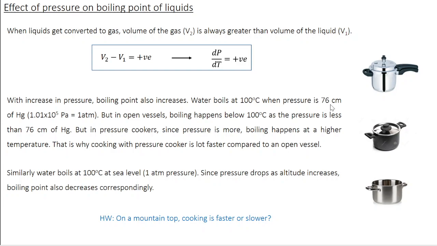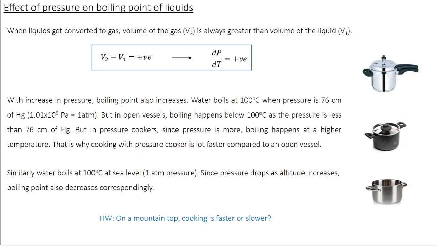This is one of the units of pressure. This is not a very straightforward unit. And what's the meaning of this unit? This is the pressure exerted at the base of a tube which contains a column of mercury of height 76 centimeter.